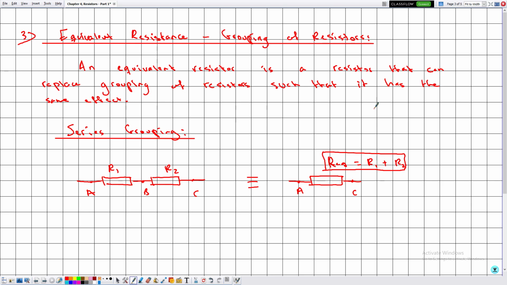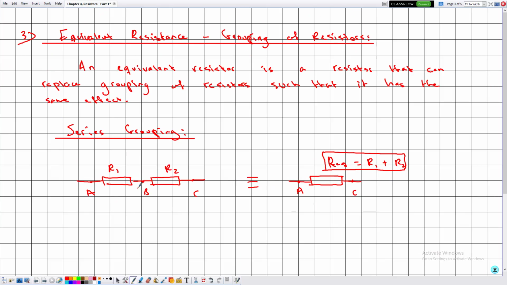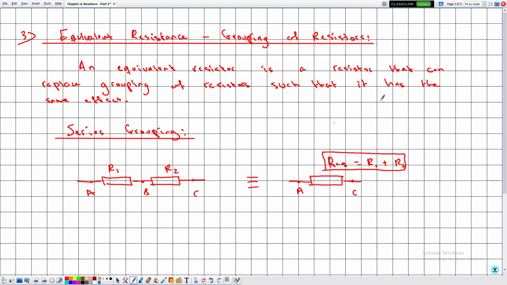Now what do I mean by they have the same effect? So in this case here, if we have a current I traversing this branch, we can calculate the voltage UAC, which is the voltage UAB plus UBC. In this case, because this resistor is equivalent to these two resistors, if we have the same current I, then we will have the same applied voltage, which is given by UAC equals R equivalent multiplied by I. Okay, so by the same effect we mean, let me put it this way around.